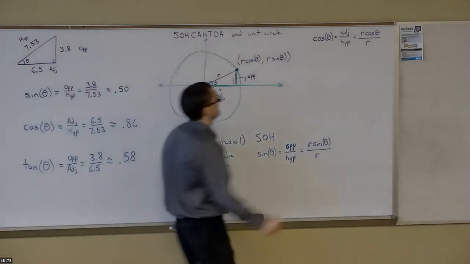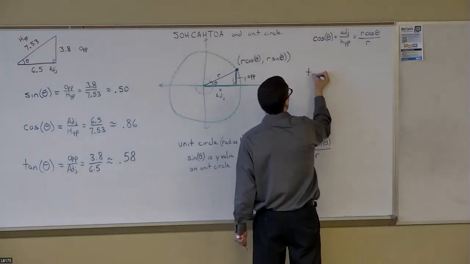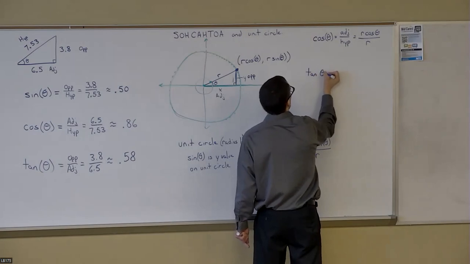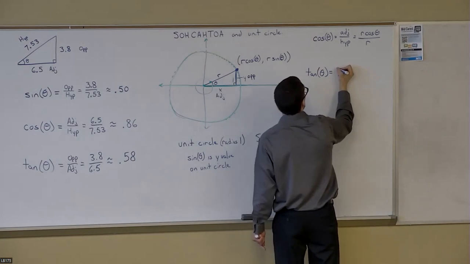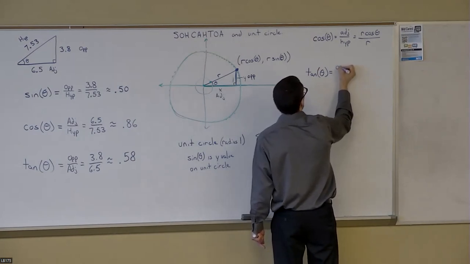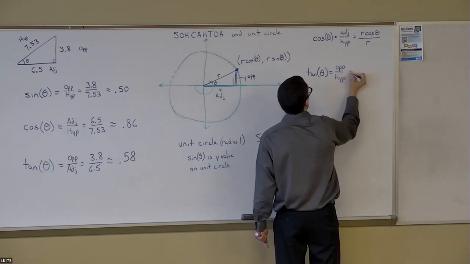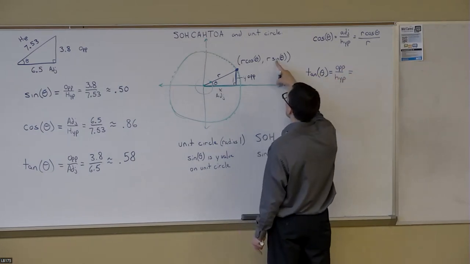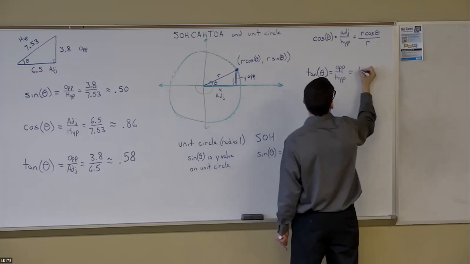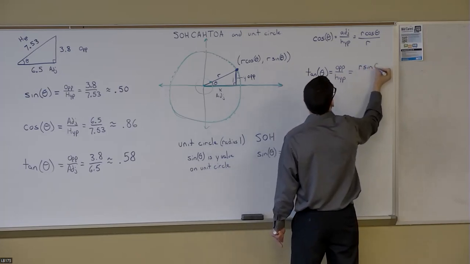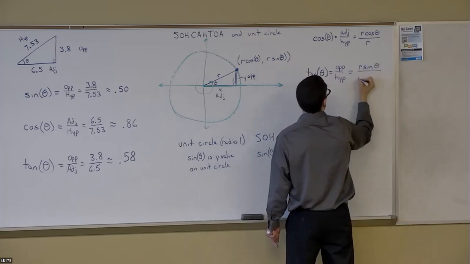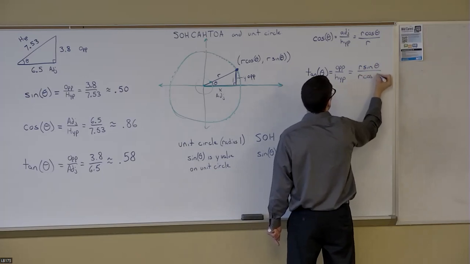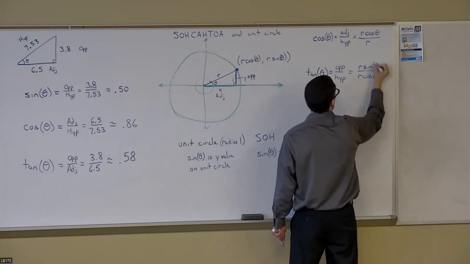And then tangent of theta is equal to opposite over adjacent. What's the opposite? Well, that's the r sine theta divided by r times cosine theta.